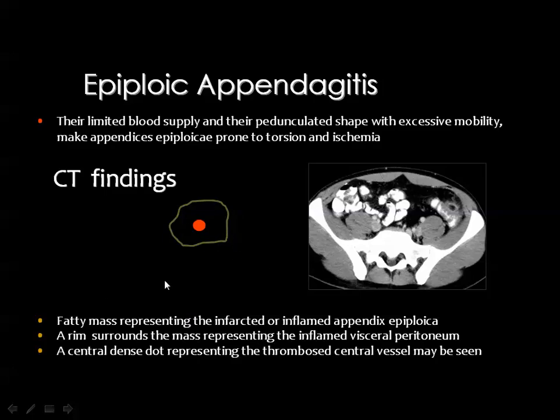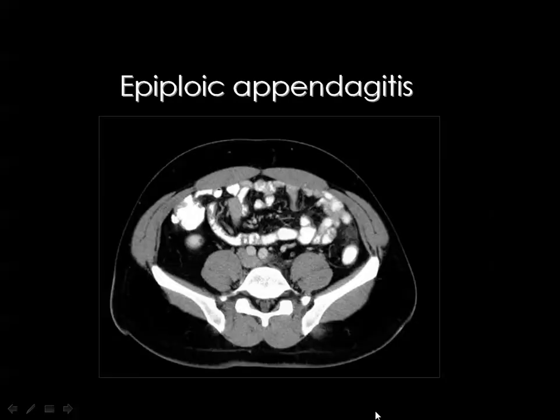Here you can see the thrombosed vessel and the fat of the appendix epiploica and the thickened visceral peritoneum inflamed around the lesion. Sometimes you cannot see the lesion because it is hidden within the bowel loops.